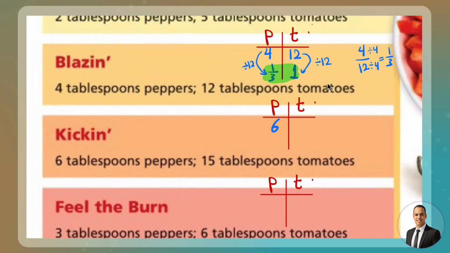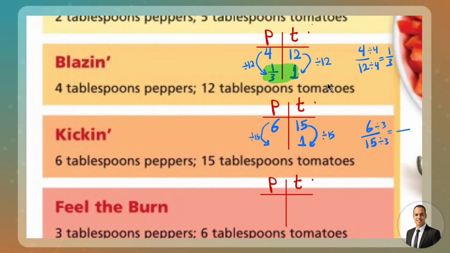Okay, so let's see Kicking. We have 6 tablespoons peppers to 15 tablespoons tomatoes. And we need it for 1, so we need to divide again by 15. So 15 divided by 15 is 1. What about 6 divided by 15? So 6 divided by 15 is 6 over 15. And we can divide up and down by, we cannot divide by 6, but we can divide by 3.